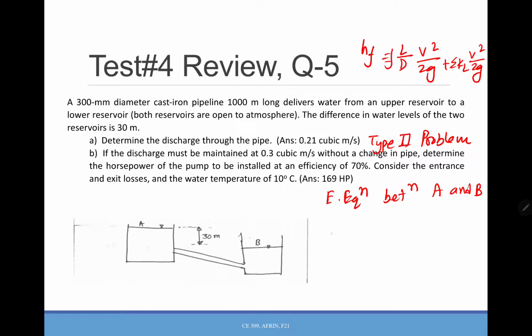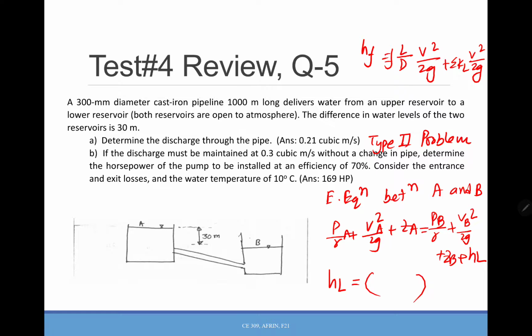So if you do that, since there is no pump, no turbine, you will get something as head loss or HF.